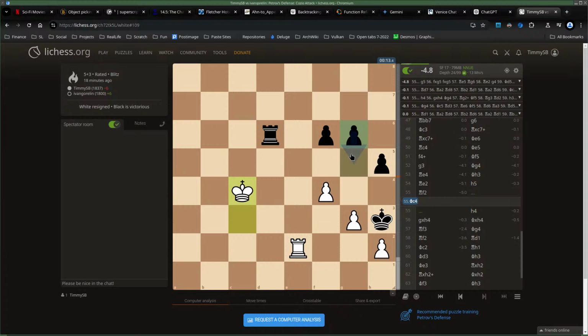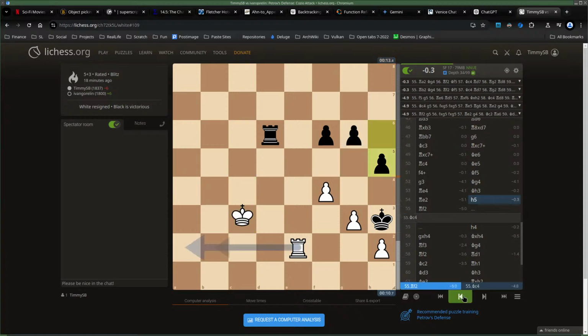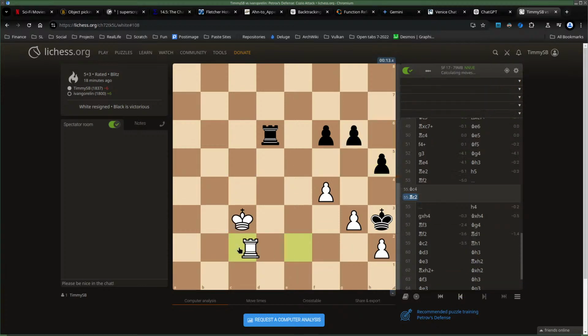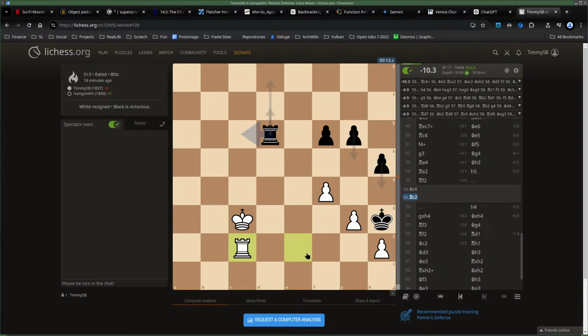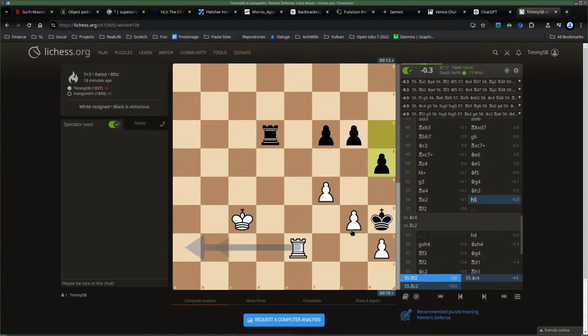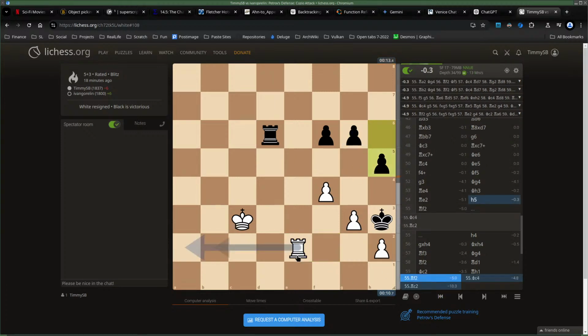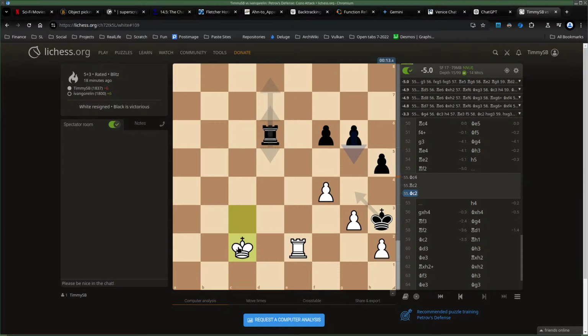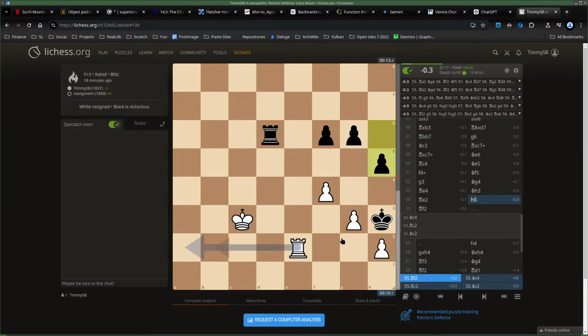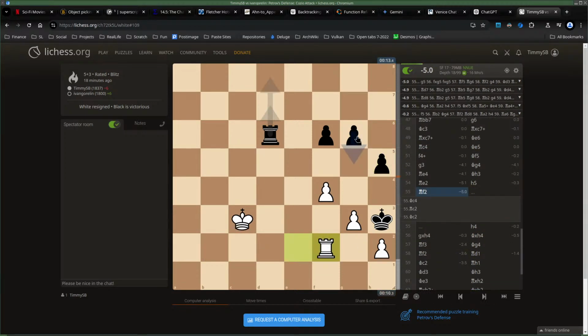The threat is this pawn. It's even worse. Can't exchange rooks. Well, this one, also on that one. Also that pawn. So it's definitely the threat here, this pawn.